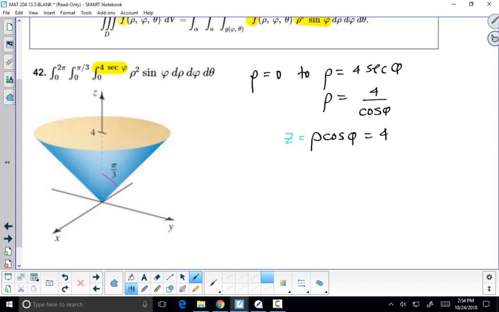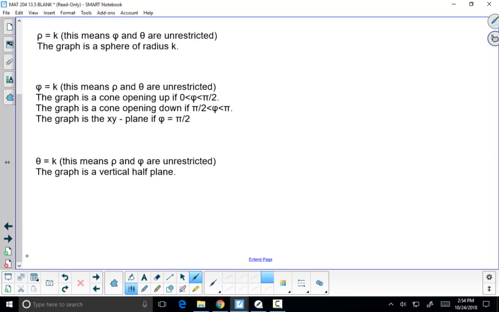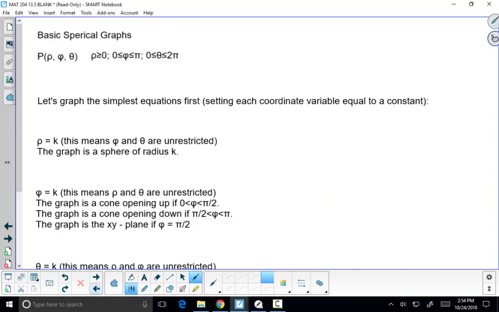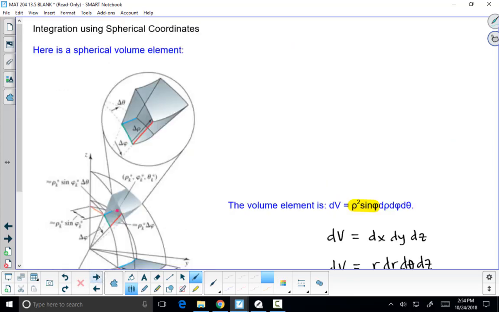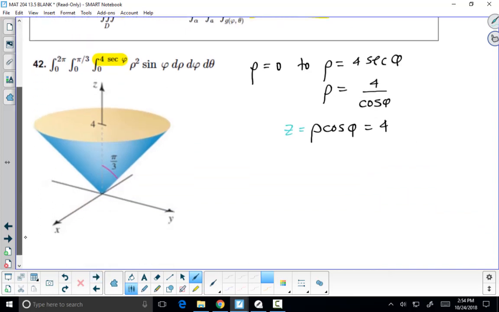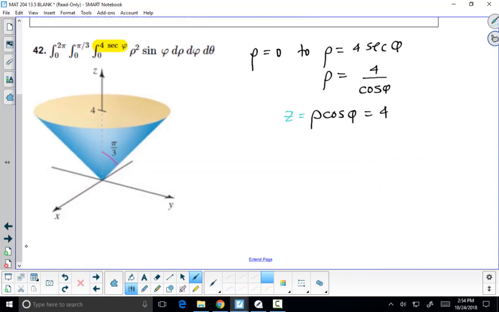So it's the radius, or rho, multiplied by cosine of phi. Rho cos phi, that's z. That's this triangle at the bottom of this page. Phi is closest to z, so rho cos phi equals z. All right, so that is how you represent a plane in spherical.